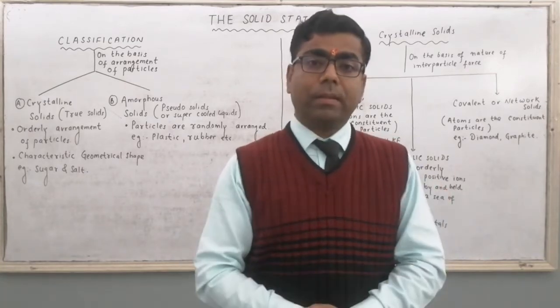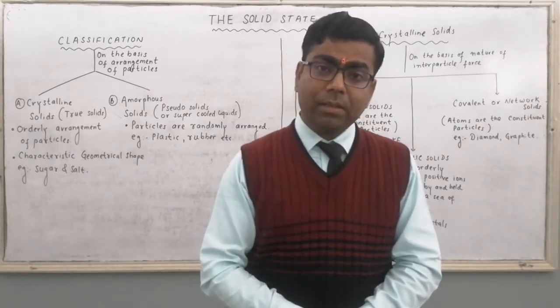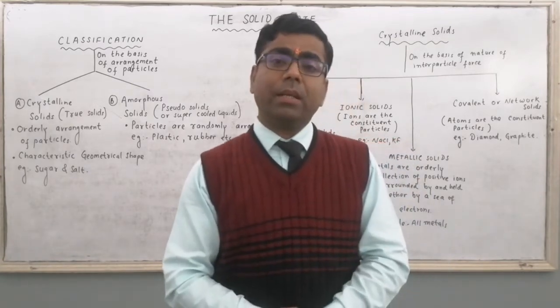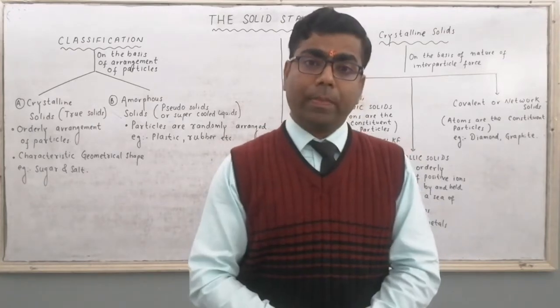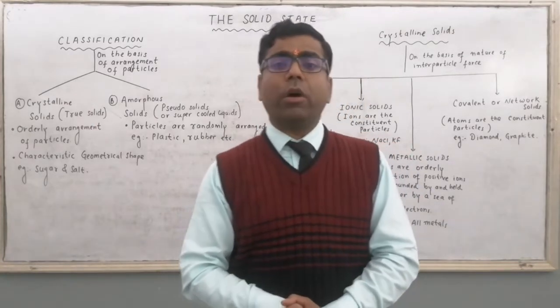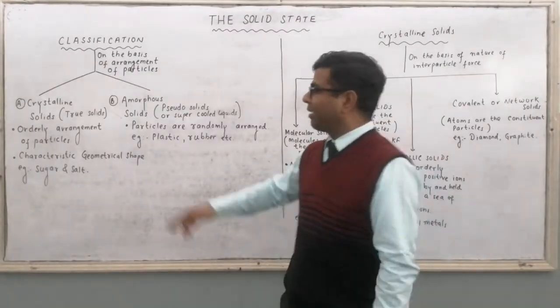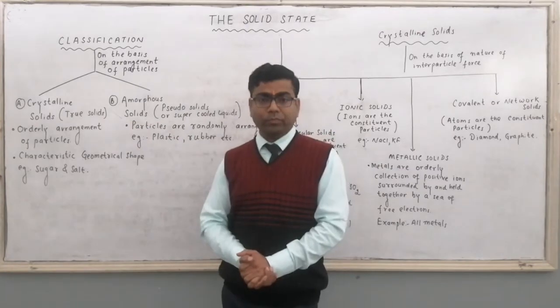These particles can be atoms, these particles can be ions, these particles can be molecules. So if solids are having orderly arrangement of the particles, then the solids are called crystalline solids.